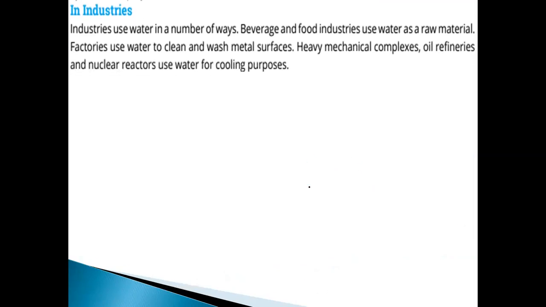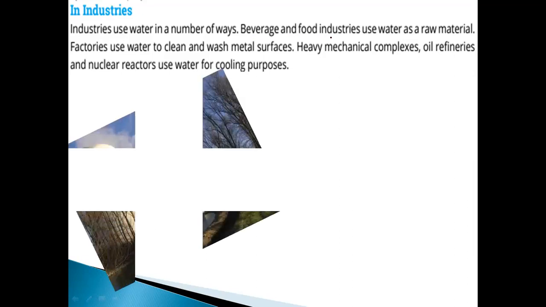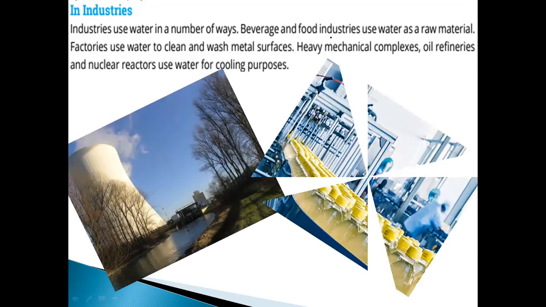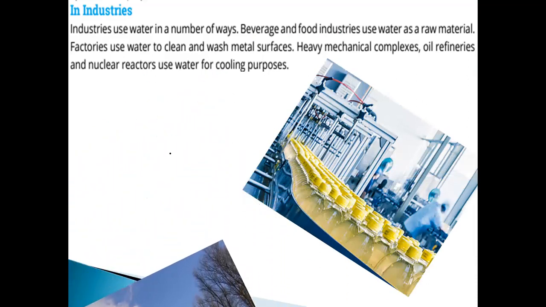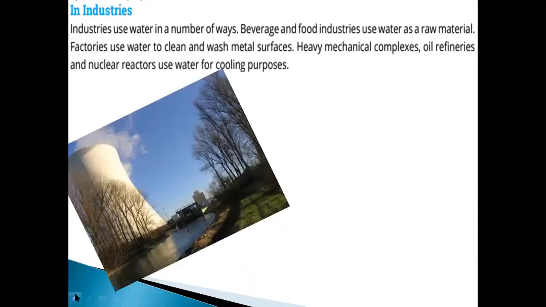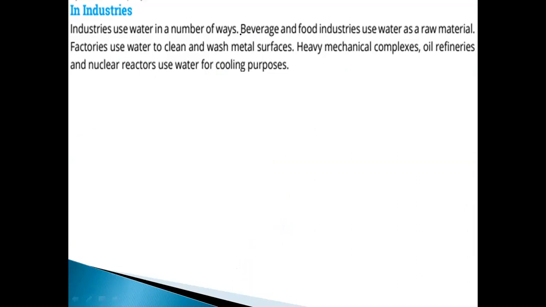Now we will see the use of water in industries. Lots of beverage and food industries use water as a raw material. Beverage industries are those in which the industries make drinks, fizzy drinks, juices, etc. And in the food industry, we also use water.